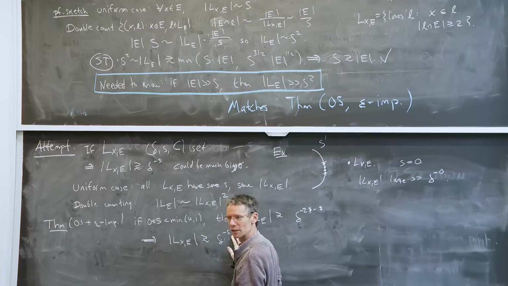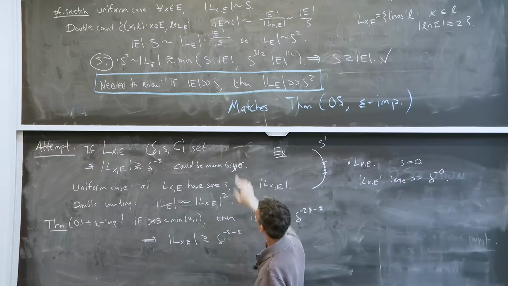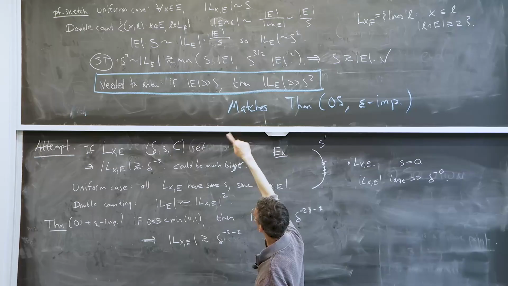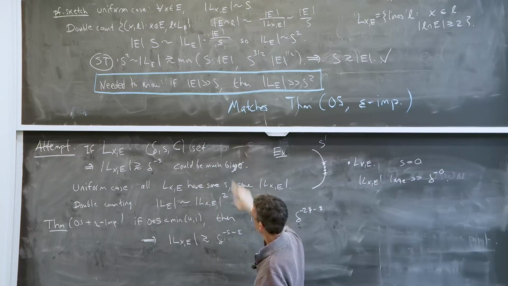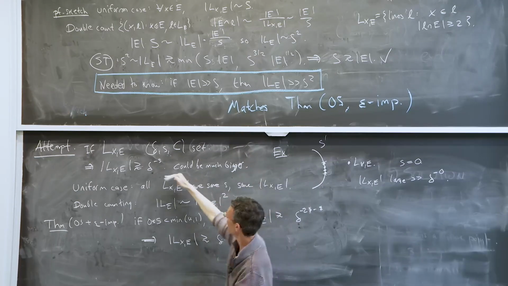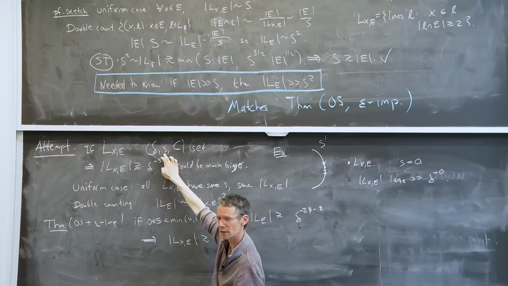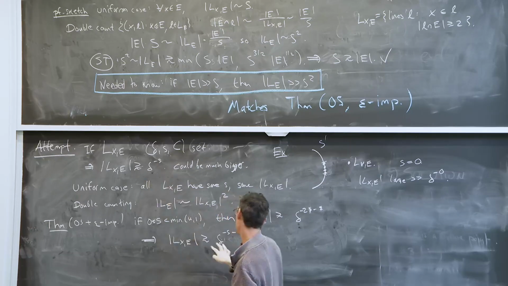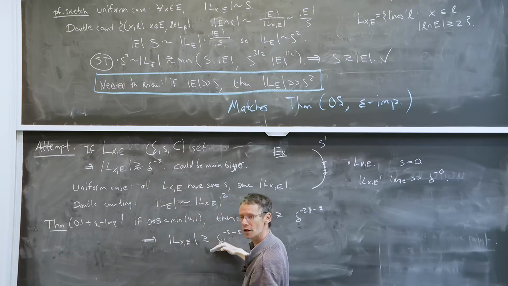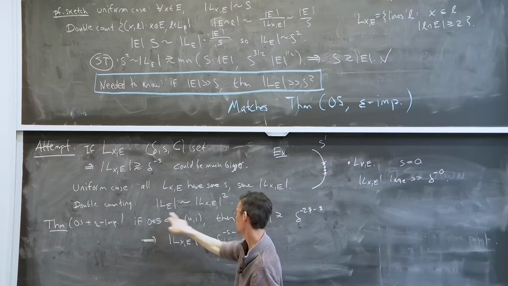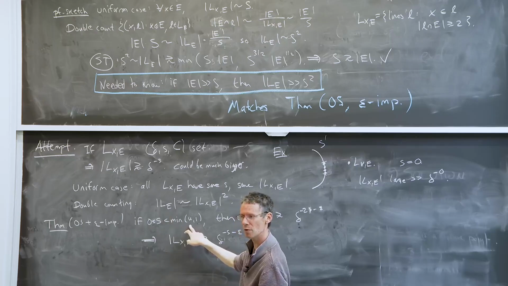But that's all. This argument didn't work so nicely as that argument, because in that case, there was no distinction between cardinality and the value of s. In that case, this was the same as this. So we would get a contradiction at this moment, and we could conclude that actually s is the minimum of u and 1.